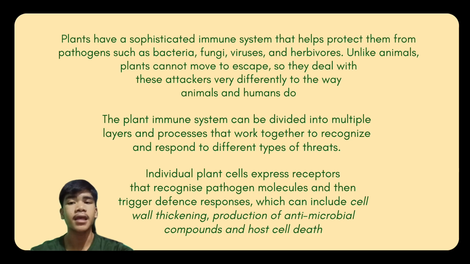Unlike animals, plants cannot move to escape, so they deal with these attackers very differently from the way animals and humans do. The plant's immune system can be divided into multiple layers and processes that work together to recognize and respond to different types of threats.